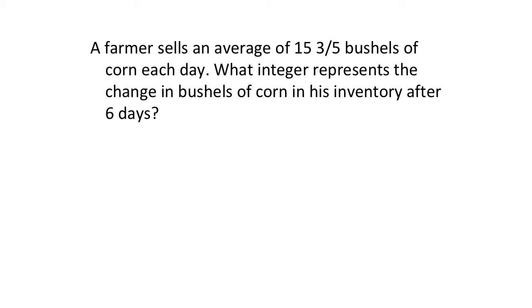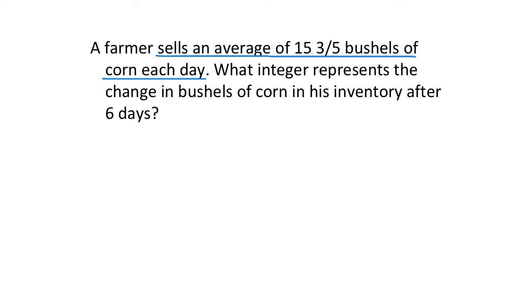Question 8. A farmer sells an average of 15 3/5 bushels of corn each day. What integer represents the change in bushels of corn in his inventory after 6 days? We're looking for an integer of selling 15 3/5 bushels of corn each day. That's for 1 day.